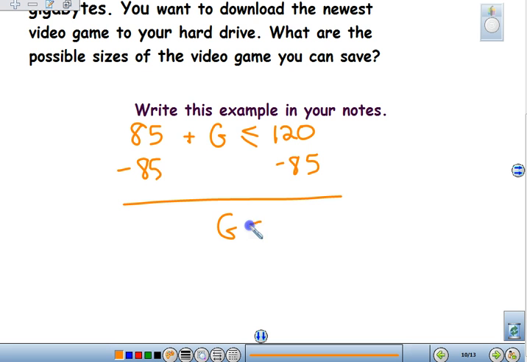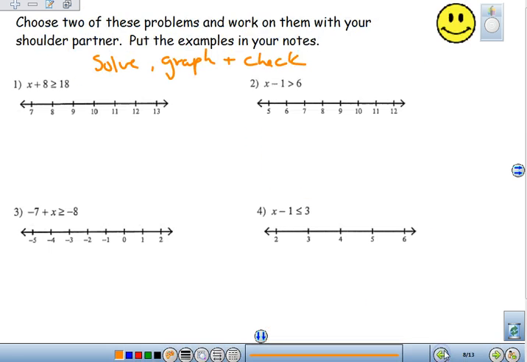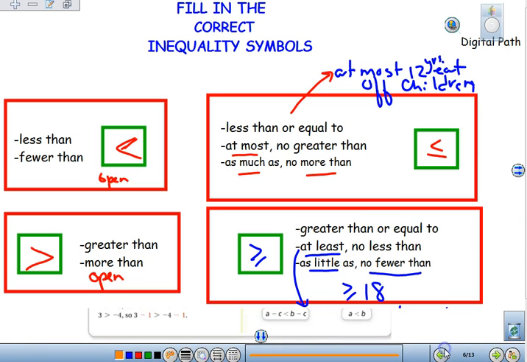G is going to be less or equal to 35. And again, we'd want to write a statement. The game can be, maybe we want to say our game can be less or equal. Again, you can use one of those phrases that were on our less or equal that we were looking at.